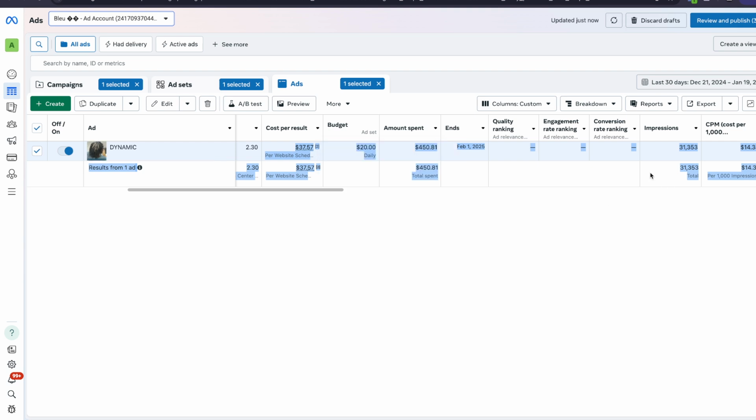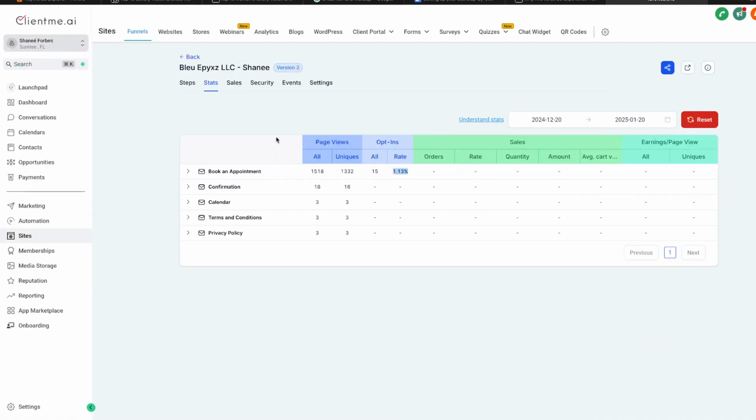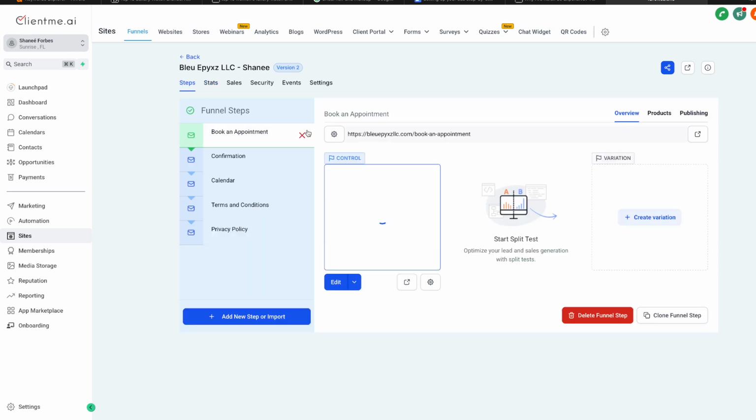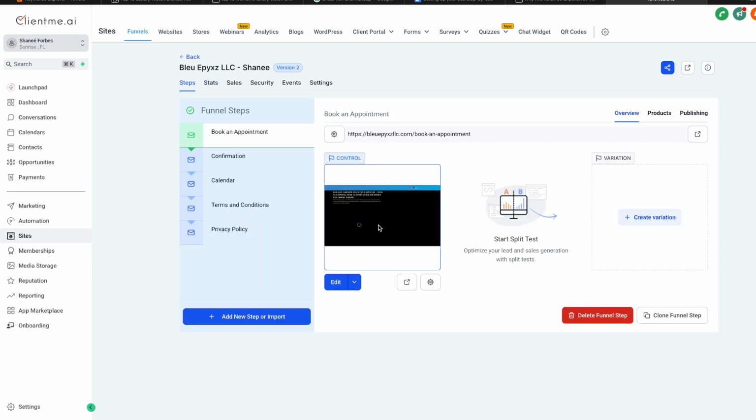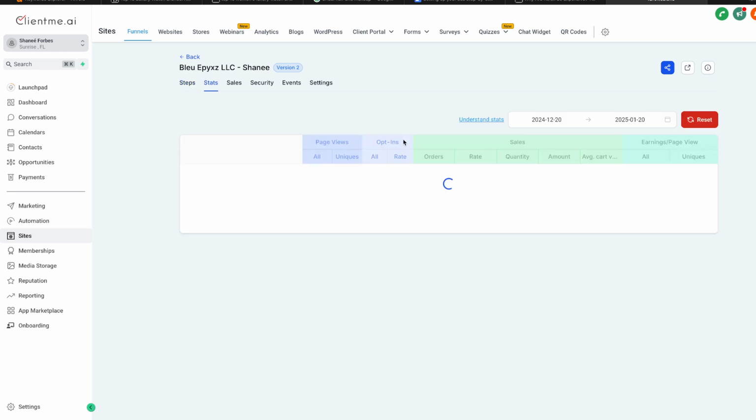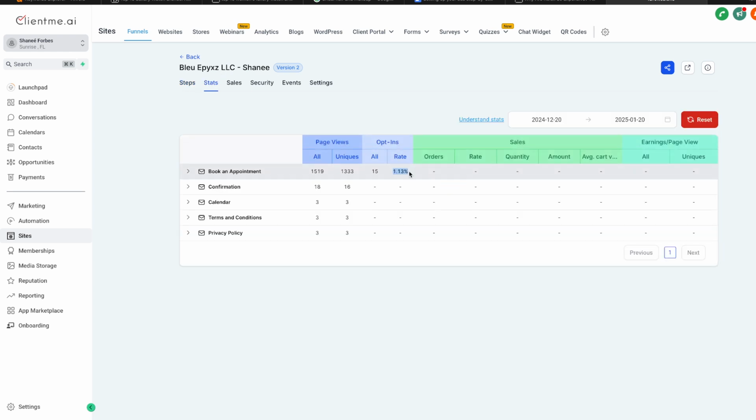Now, this is what you can do on platforms, so on Facebook, on Instagram. What we can do outside of Facebook or Instagram is take a look at our funnel. This is what the funnel looks like. We already showed you, but we can see that we're converting at a 1%. So what can we do on our funnel end, off Facebook, off platform, to try to double this number?